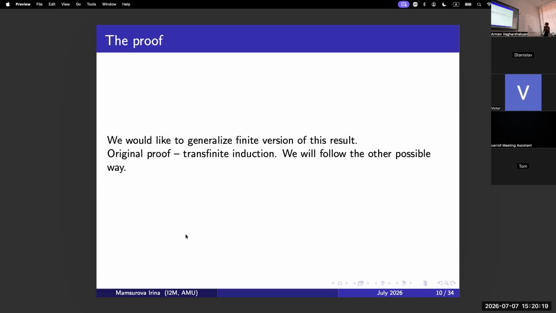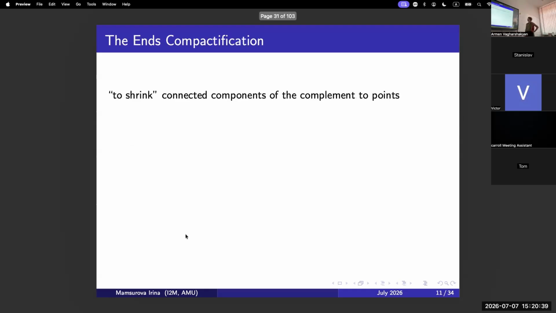The question is how we can approximate it by a finite case when the Koebe conjecture is known to be true. For this, we will need some technical theorem, which is in fact the main theorem of the paper, as for me.